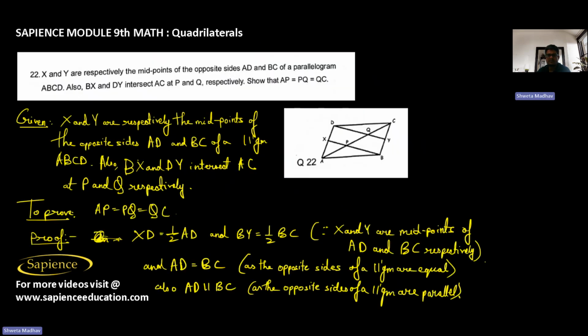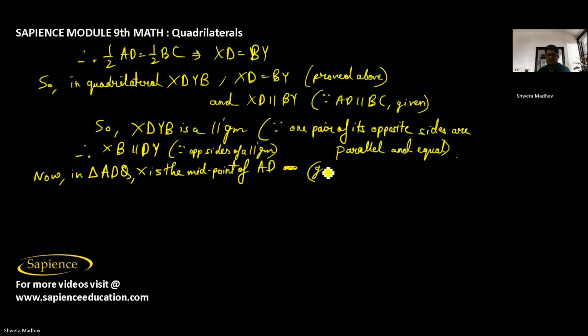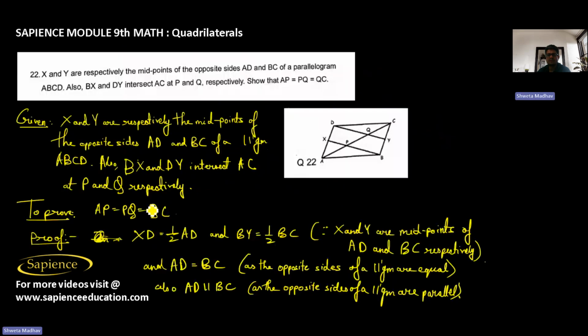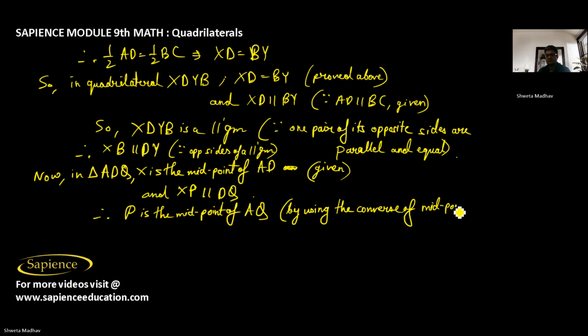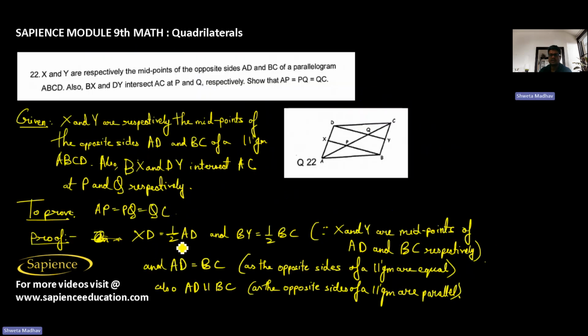So I can say that XP is parallel to DQ. Therefore, P is the midpoint of AQ, by using the converse of the midpoint theorem. So I can say that AP equals PQ.